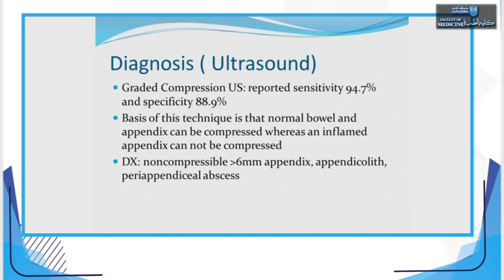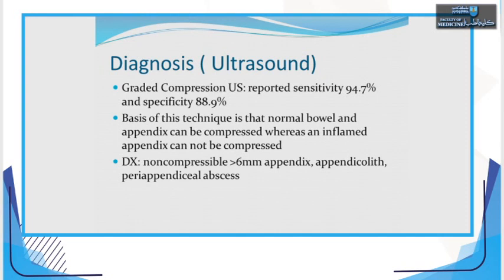The signs in the ultrasound: graded compression has a reported sensitivity of 95% and specificity of almost 90%. If you press with the probe of the ultrasound, you find a non-compressible, distended appendix.